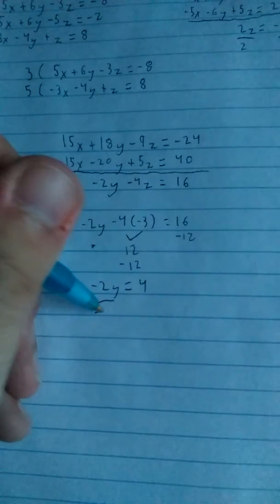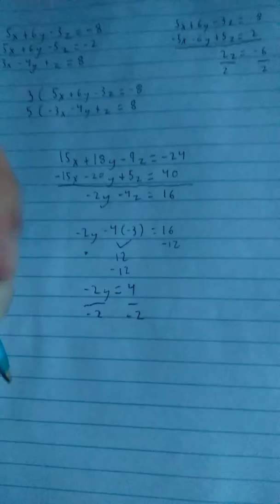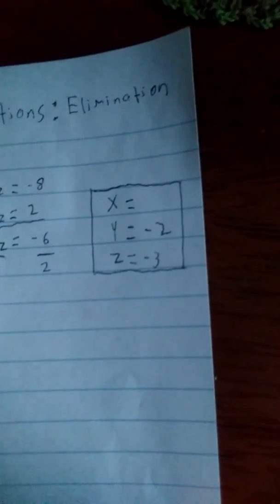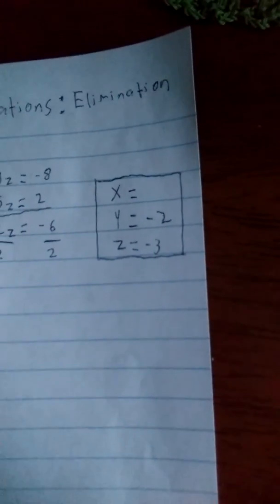And you're just going to divide by negative 2 on both sides. And y is negative 2. So that's the second major step.